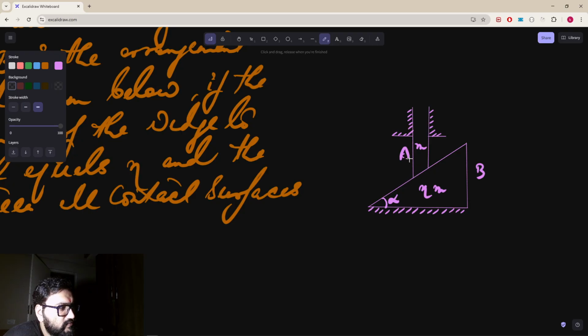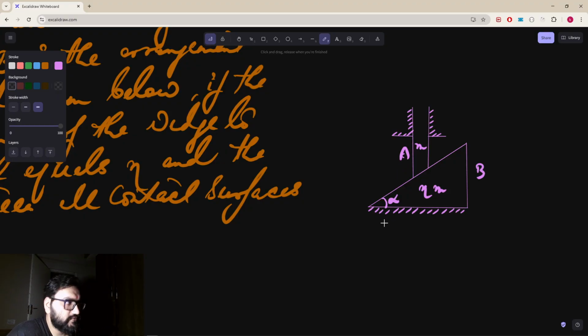Let's assume that the mass of the rod is m, so the mass of the wedge would become eta times m. I have been given an angle of inclination for this wedge as alpha. Given all this information, I need to find out the acceleration of the rod and the acceleration of the wedge.